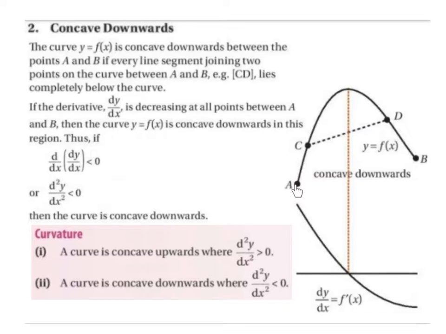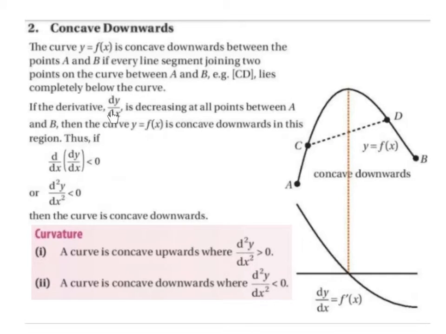And here we have the point A and the point B. So the curve is concave downwards between these 2 points if every line segment joining 2 points on the curve, for example CD, lies completely below the curve. So basically N-shaped with concave downwards.